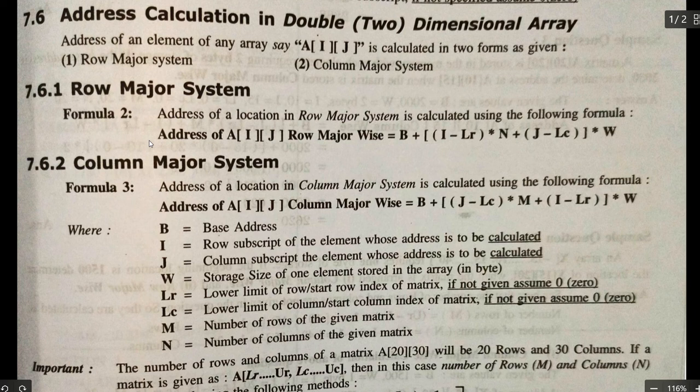The formula is: address of Aij in row major system = B + ((I - LR) * N + (J - LC)) * W. So this is the formula for address calculation in row major form.